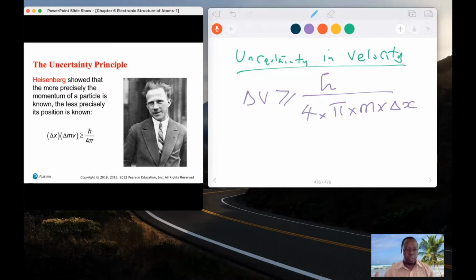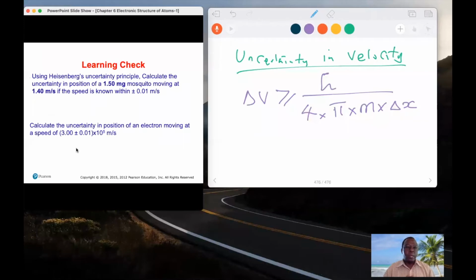And the point here is, if de Broglie was right that matter behaves as light, that it has a wavelength, it travels in a wave manner, then there is no way we can know the position and the velocity for that. We can calculate the uncertainty in position and the uncertainty in velocity, in particular for subatomic particles.